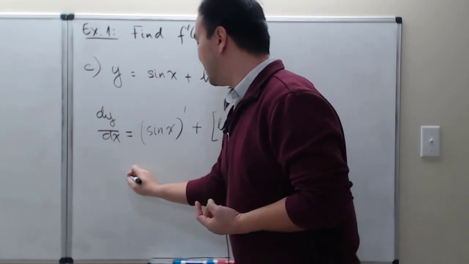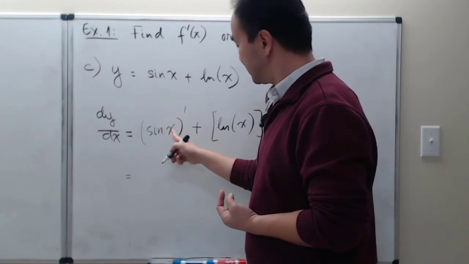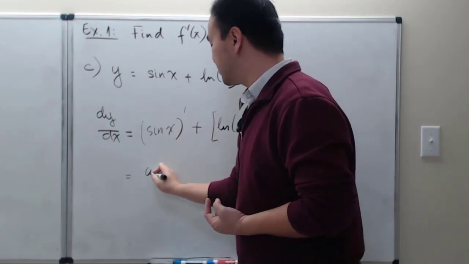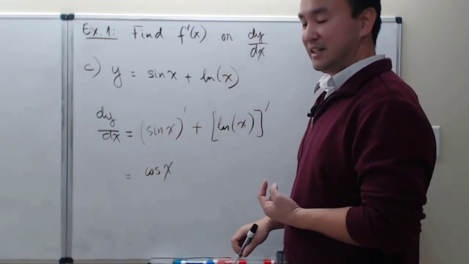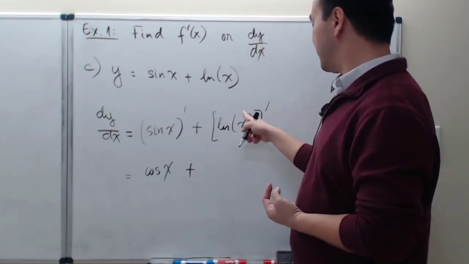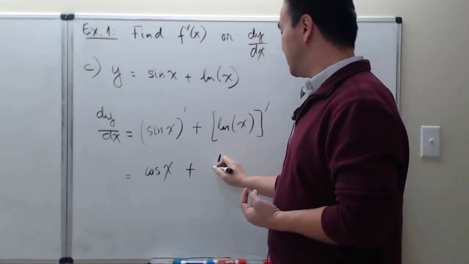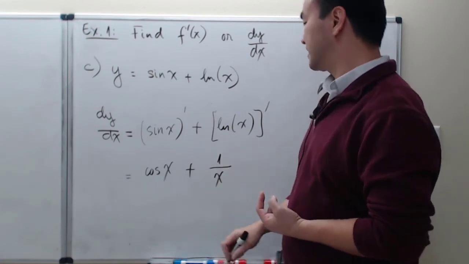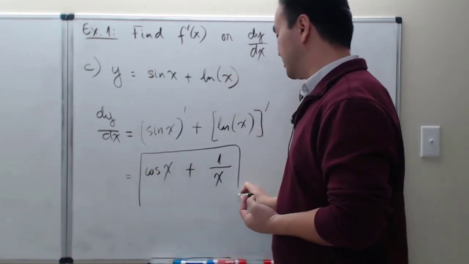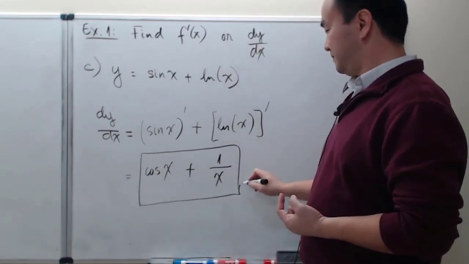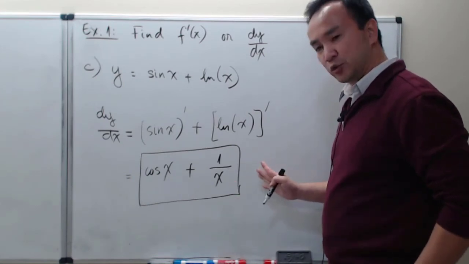Derivative of the first term, sine of x, becomes cosine of x. And then plus, taking the derivative of natural log of x gives me 1 over x.